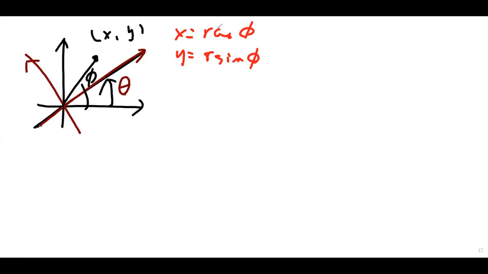The new coordinate with respect to frame one: your body does not move, your frame moves. If your frame moves by theta, it is equal to your object moving by minus theta.